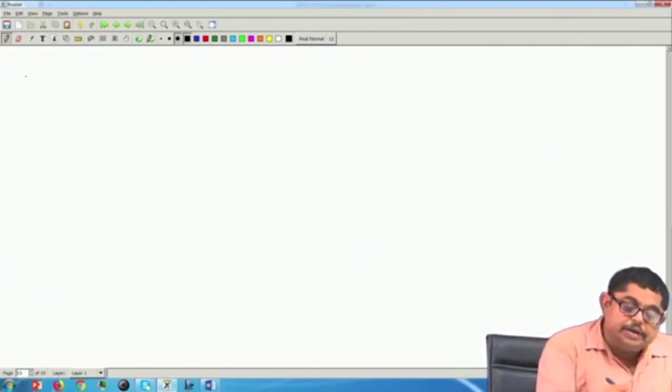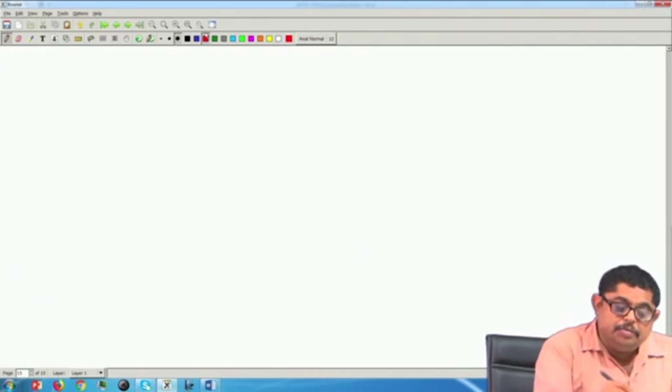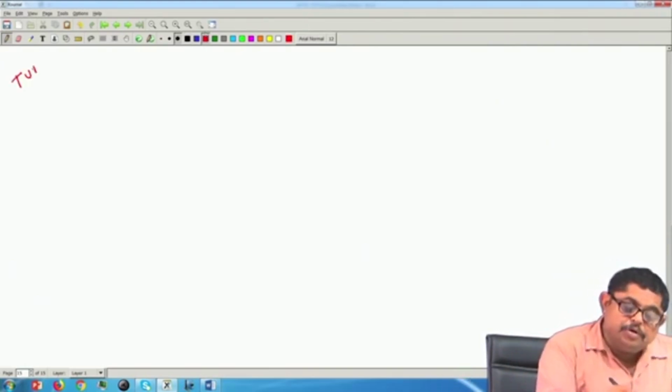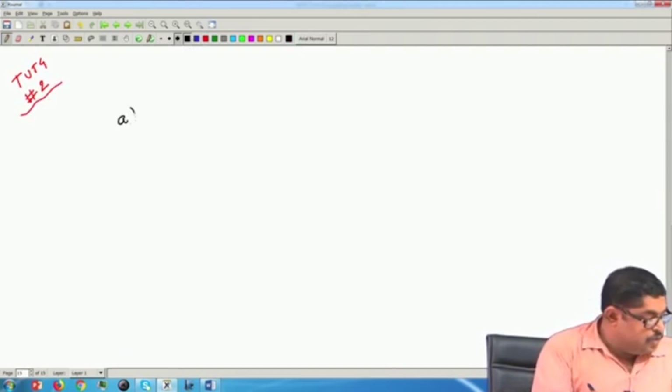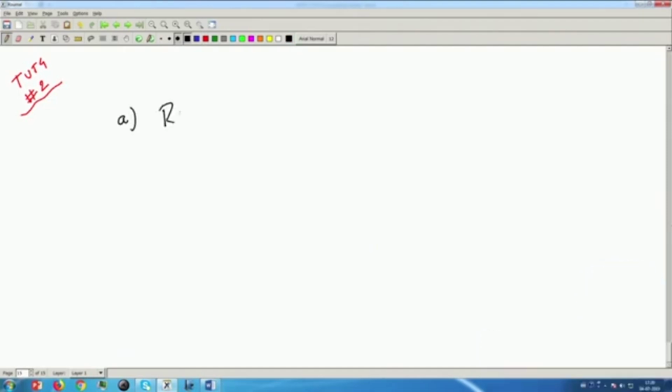So, this is tutorial 4, problem 2. The first part: we know that R unambiguous is related to the PRF. So R unambiguous is C by 2 FR, and from that we can calculate FR.